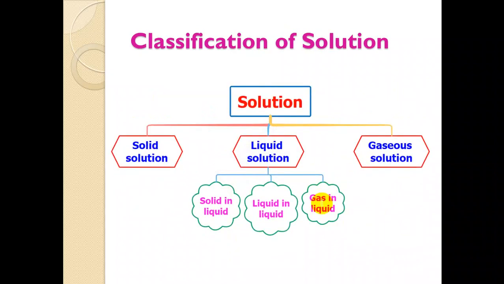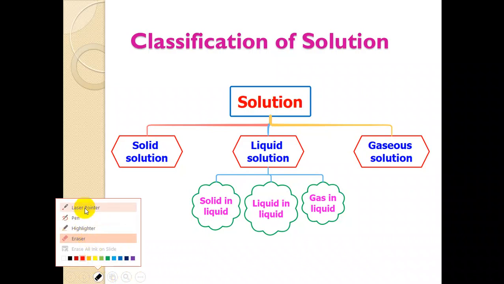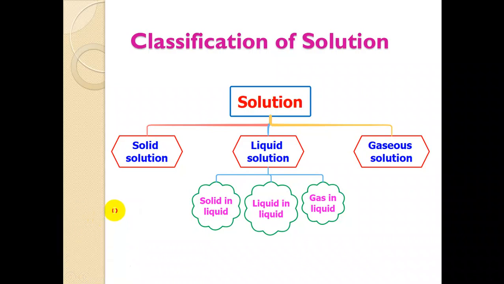How can we do classification? Solution can be classified into 9 different types based on the physical state. This is the classification only for a binary solution. In a binary solution we may have a solvent and a solute.